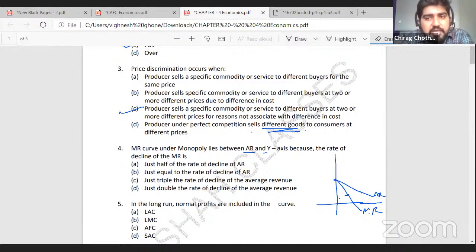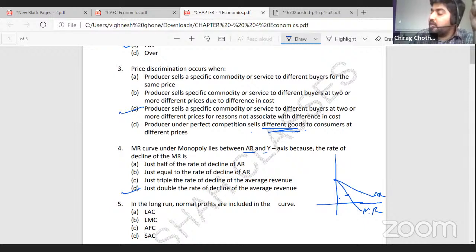So in this scenario, if MR is falling faster than AR, what do you mean? The rate of decline is half, equal to, triple, or double that of average revenue? It is double that of average revenue. See, it is equidistant. First I marked A, why?